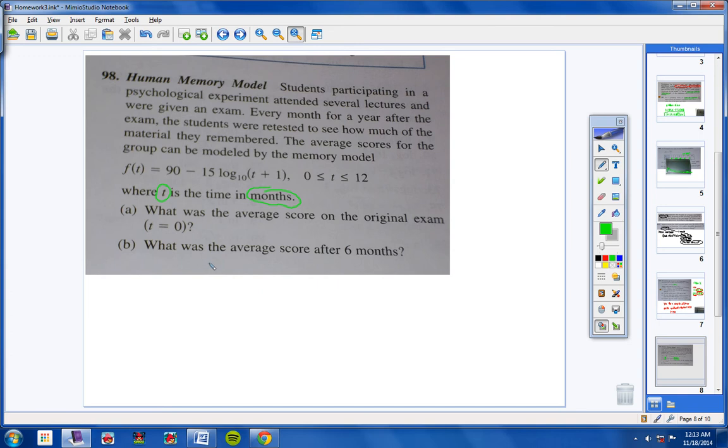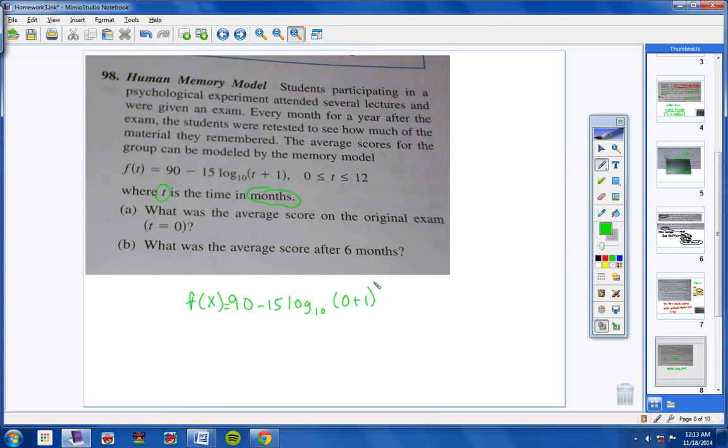Well, that means t would be 0. So, for t right here, we're going to put 0. Now let me grab my calculator real quick. I probably should have had this done already.